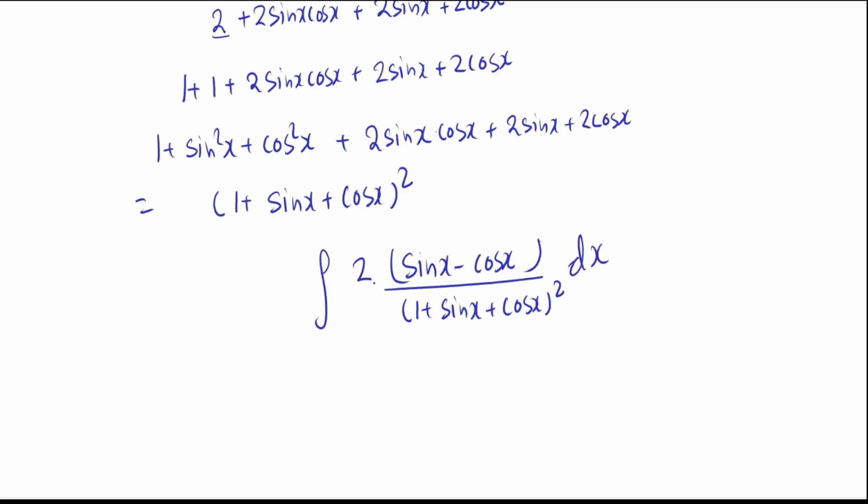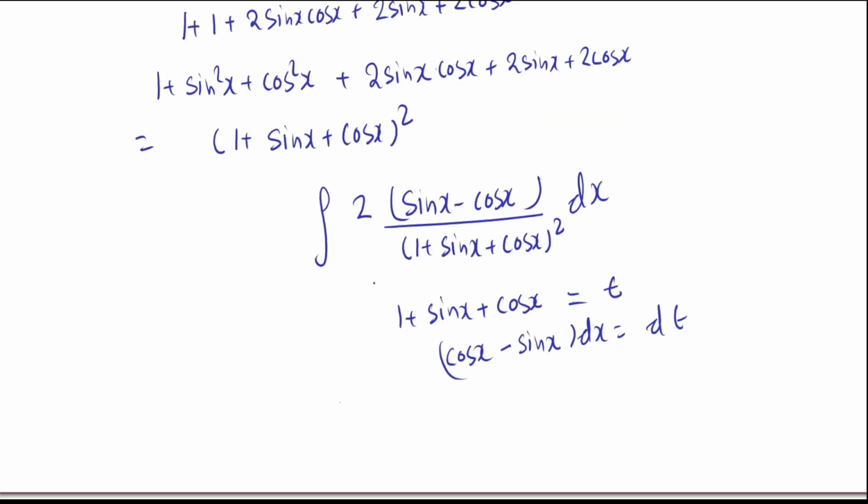And now if you put 1 plus sin x plus cos x equal to t, then its derivative: the derivative of sin x is cos x and the derivative of cos x is minus sin x, right? So sin x minus cos x dx is minus dt, okay?